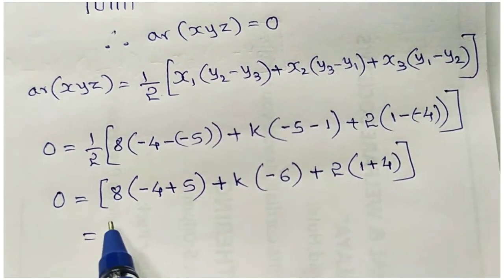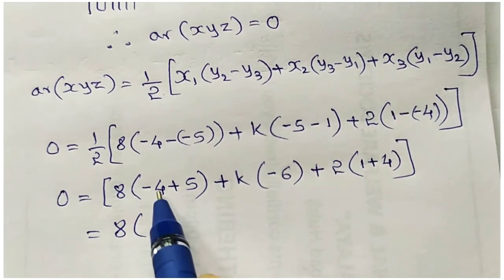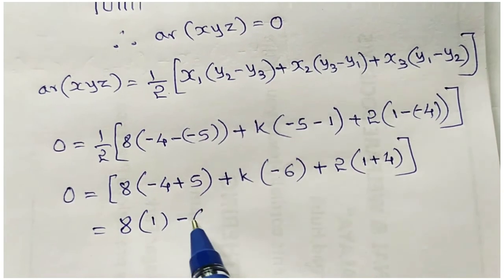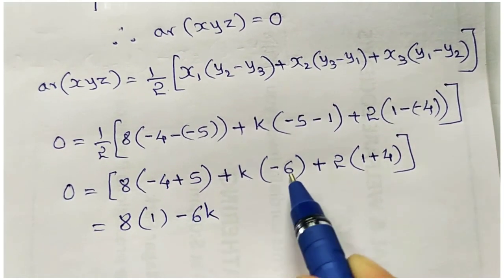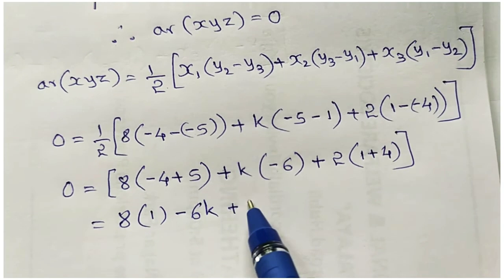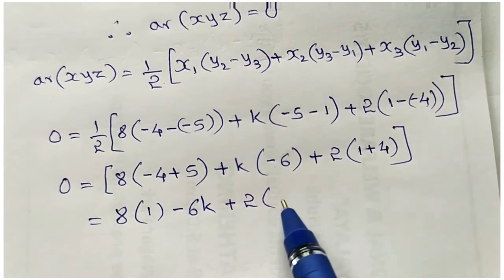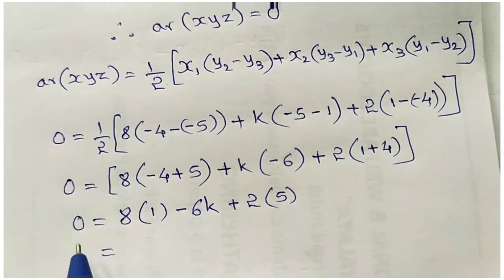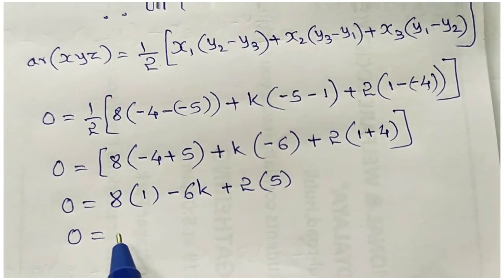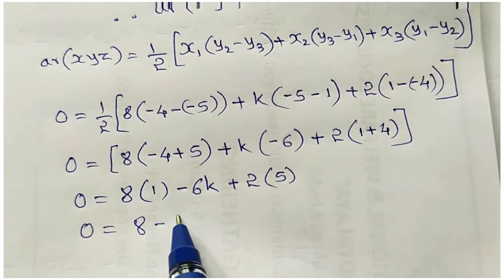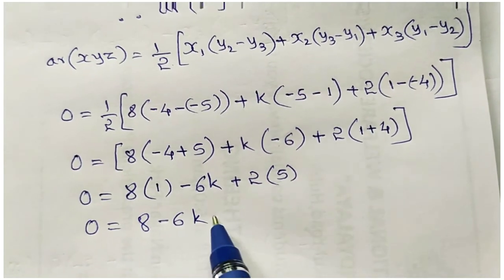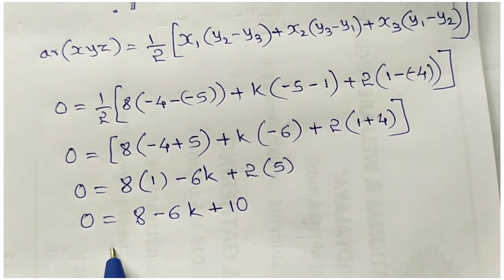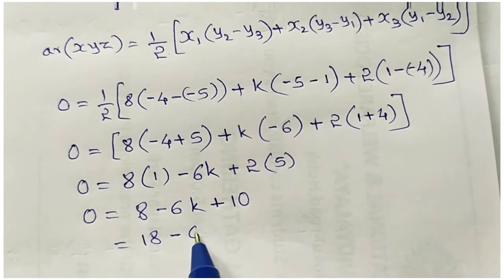Okay, now 8 minus 4 plus 5, it becomes 1, plus into minus 6k, k into 6, 6k, plus 2 into 1 plus 5 is 5. So on the left side 0 is there, keep on writing that. 8 ones are 8 minus 6k plus 2 5s are 10. So 8 plus 10, it will be 18 minus 6k.